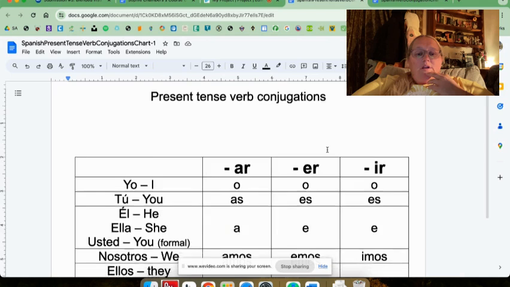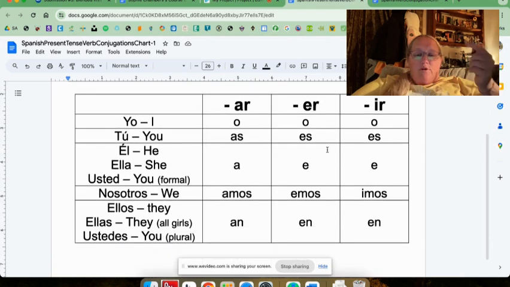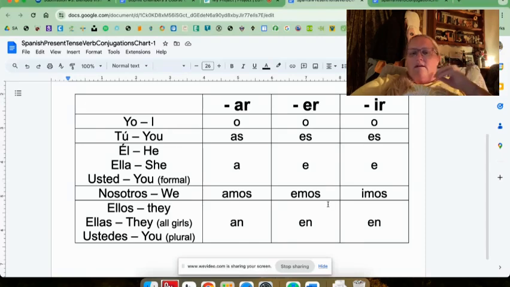Okay, so we're going to look at an instructional resource that you have a copy of. And we're going to focus on ER verbs today. That's all we're going to focus on. Those are Spanish words that are action verbs that end with ER. And these are the ways their endings change if we are changing to conjugate them to like the I, you, he, she, we, they, them, all kind of versions, y'all.